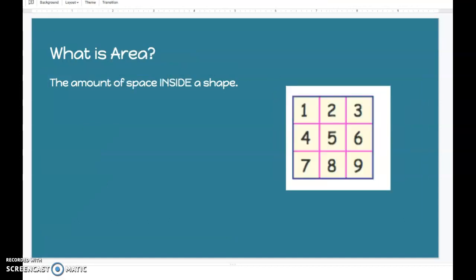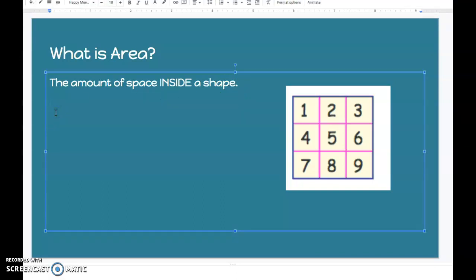Now let's think about area. Area is the amount of space inside of a shape. The formula for area is the length times the width of a shape. So if I look at my shape here, it's been broken into 9 blocks.